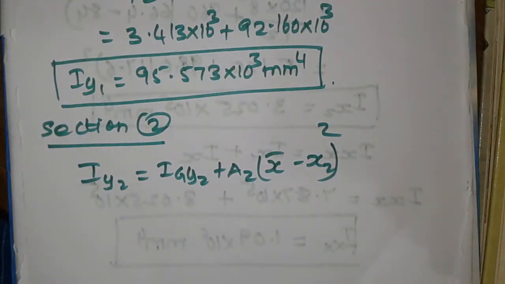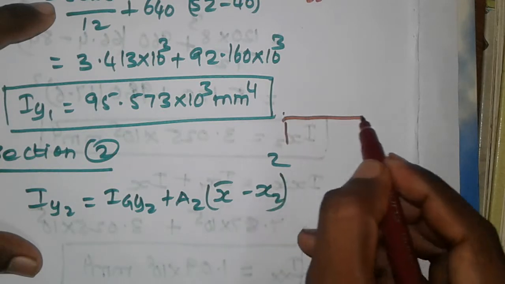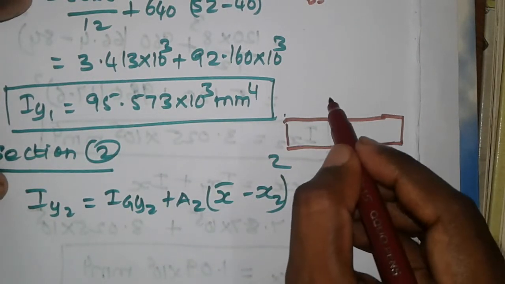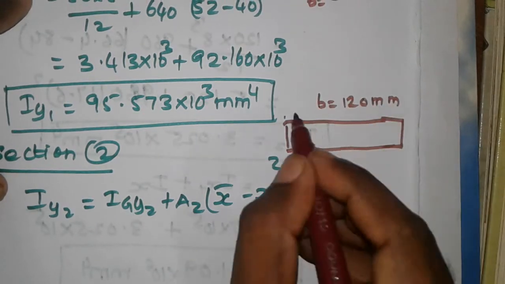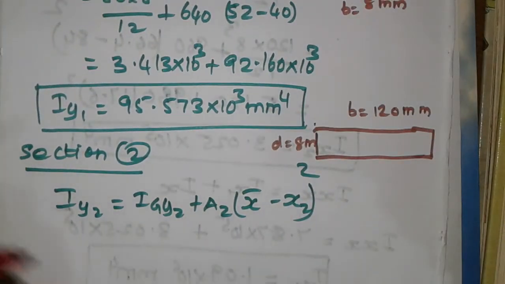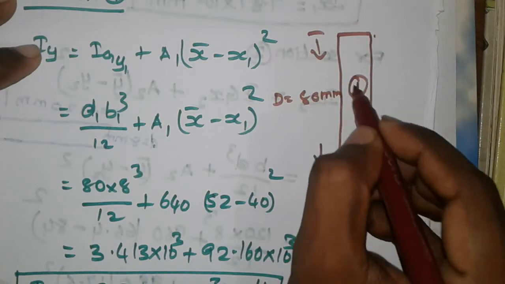Okay. You can draw the section 2 like this way. What is the breadth? 120 mm. Breadth is equal to 8 mm. Okay. This is in case of section 2. And this one is section 1.